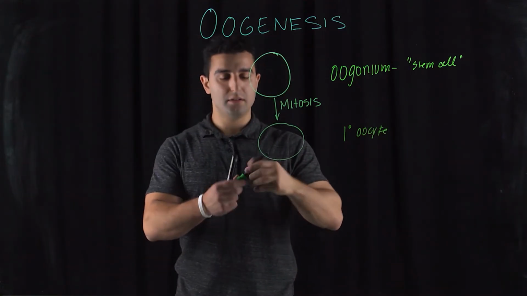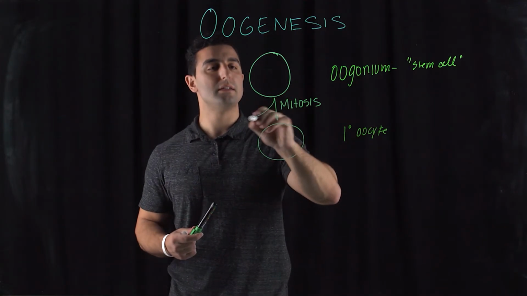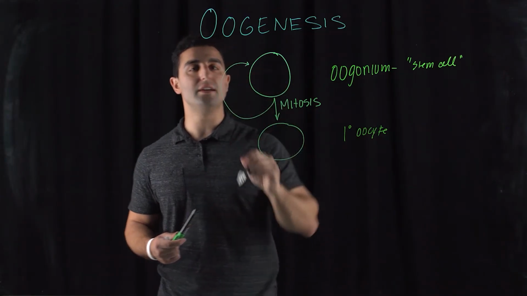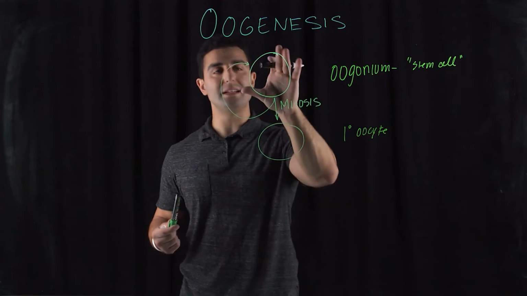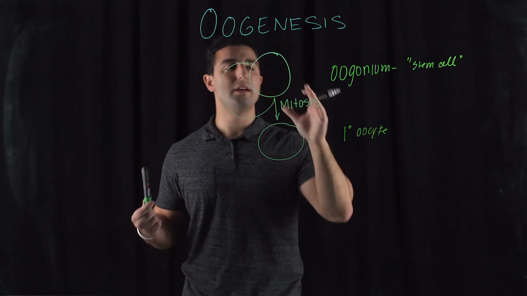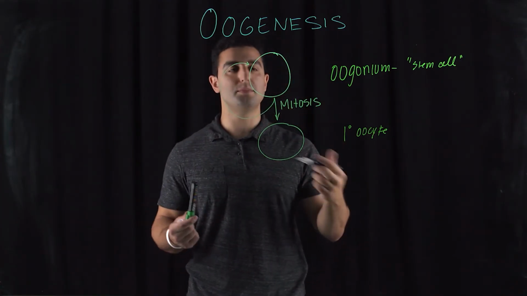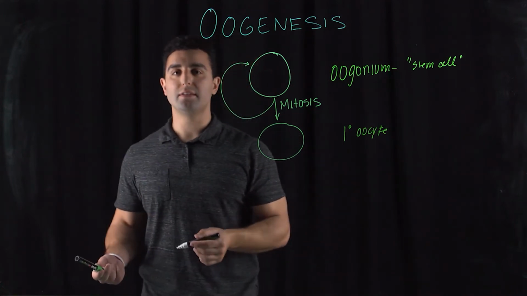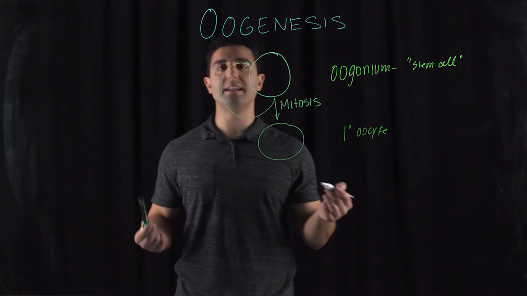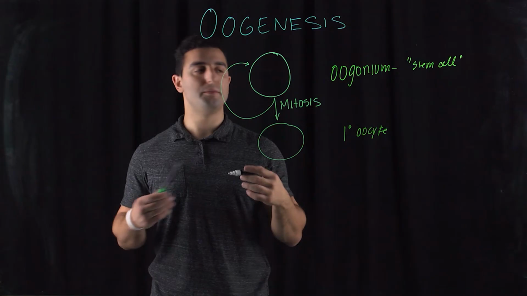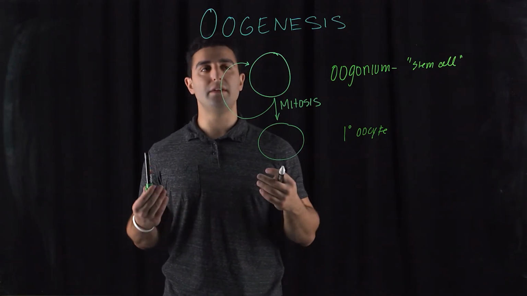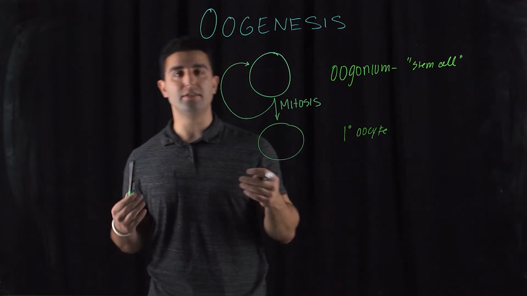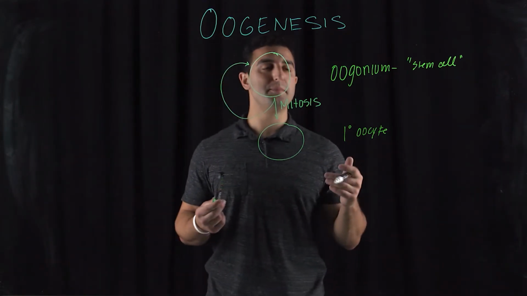And the other goes back and takes the place of the cell that had just divided, right? So you want to maintain this high population of cells in order to continue this cycle. Unlike the males, the females have a finite number of eggs. For males, it's infinite. There's only a handful, about maybe 500,000 eggs that a woman can generate, right?